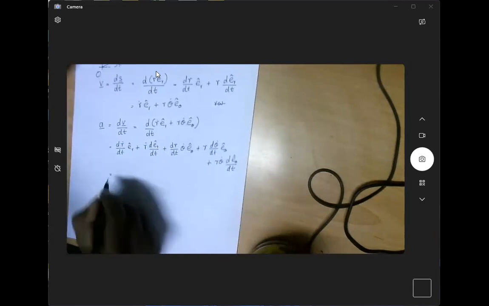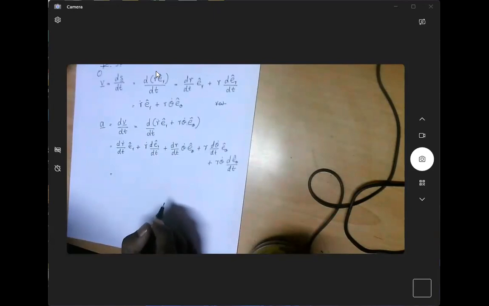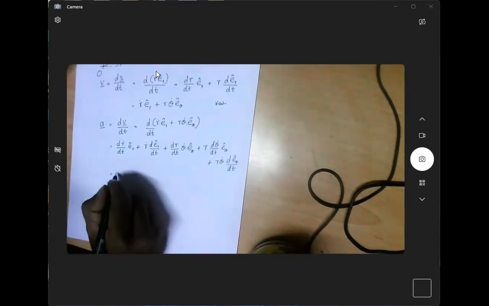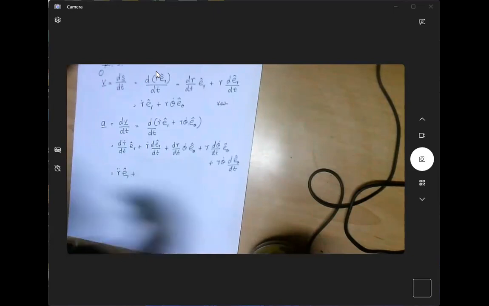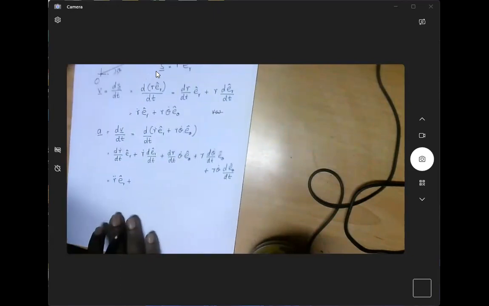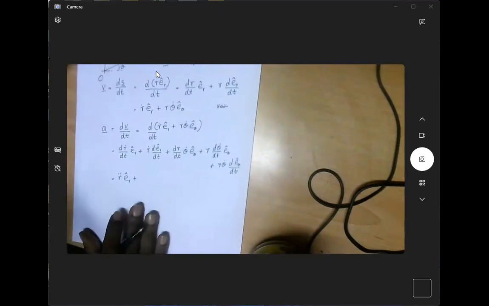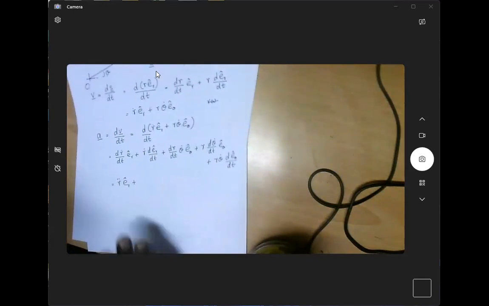And again we can simplify using the Newton notation. This will be r double dot er plus r dot, and we have der over dt, or the time derivative of er, which is theta dot into e theta.